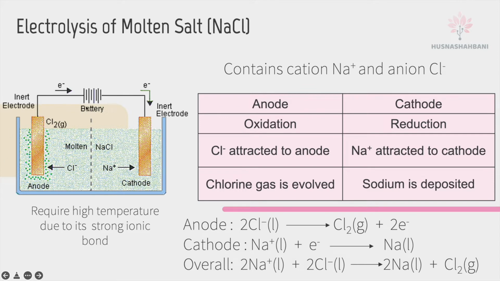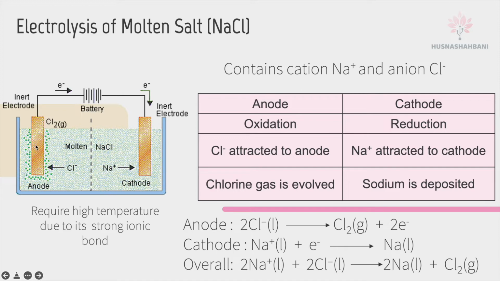So here in molten salt, it only contains sodium ion and chloride ion, cation Na+ and anion Cl-. No water in molten salt. It requires high temperature because the ionic bond between Na and Cl is very strong.